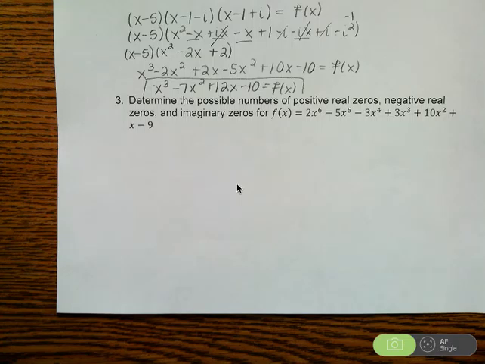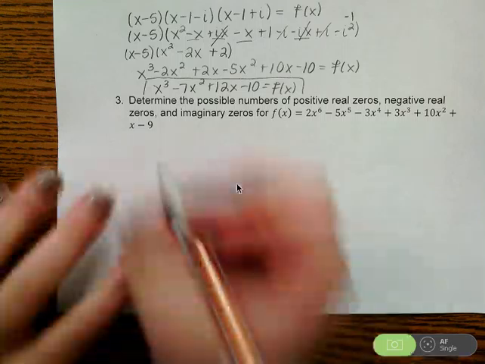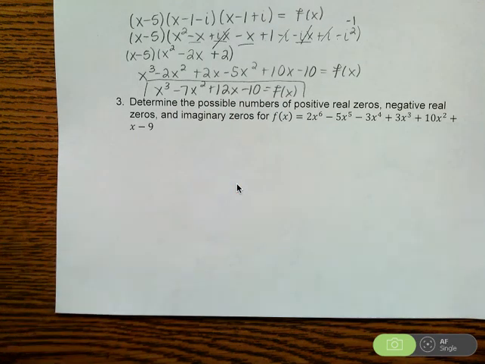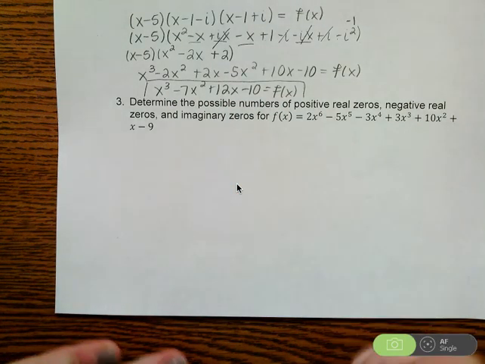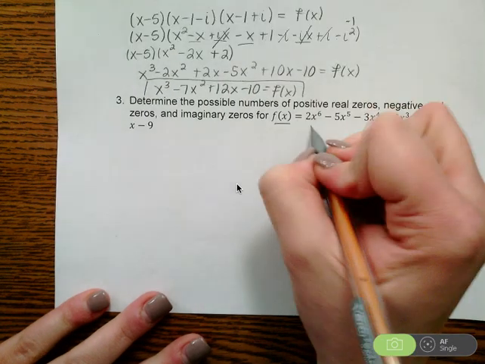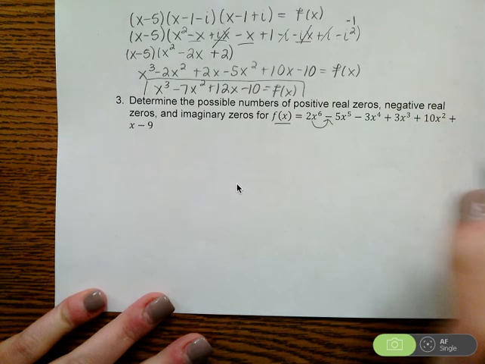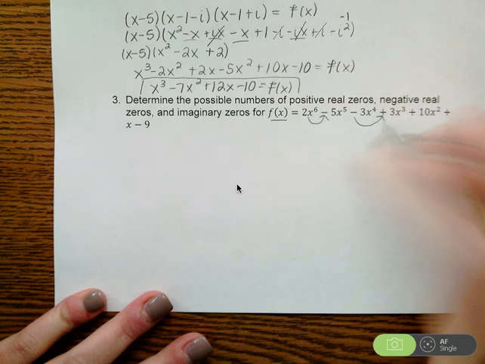Okay, determine the possible numbers of positive real zeros, negative real zeros, and imaginary zeros for f of x equals that. Okay. Now, if you remember, Descartes' rule of signs told us the number of sign changes in f of x gives you how many positive real zeros that you have. Okay, so given f of x, we have a sign change here, that's 1. We've got a sign change there, that's 2.